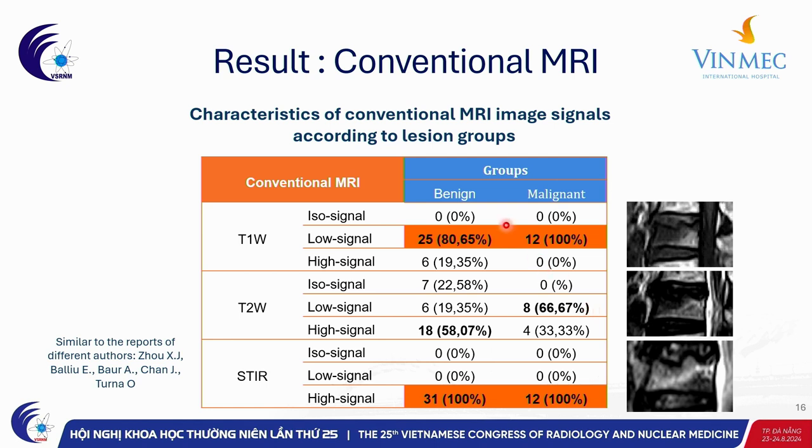Otherwise, in the group of benign lesions, we see that the signal varies quite a lot on T2, and 100% of cases were high signal on STIR, and most of the cases had low signal on T1. Some cases had a high signal on T1; these cases were hemangiomas. Besides hemangiomas, all cases of benign lesions had a low signal on T1.